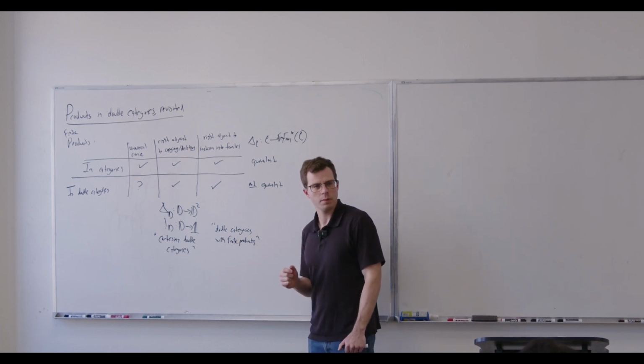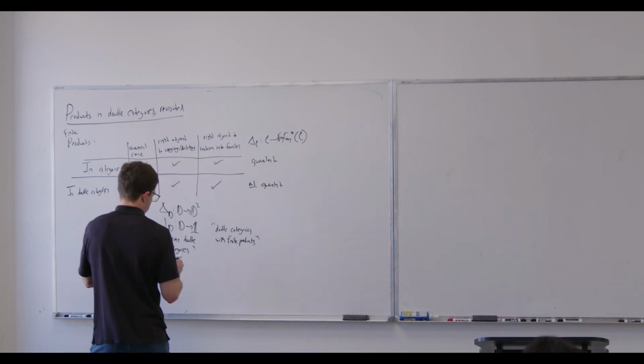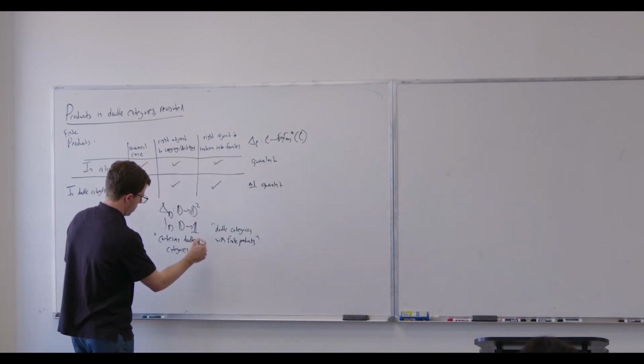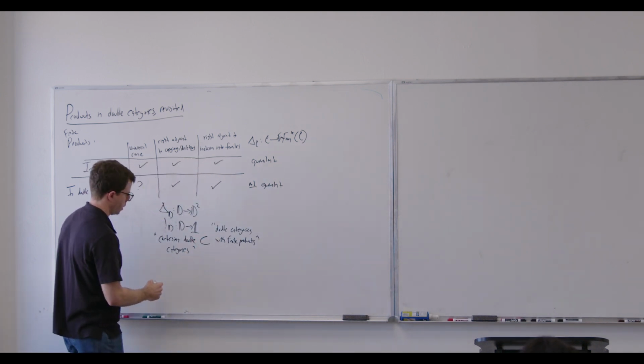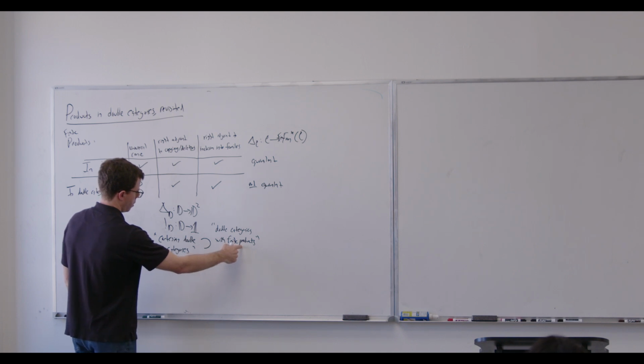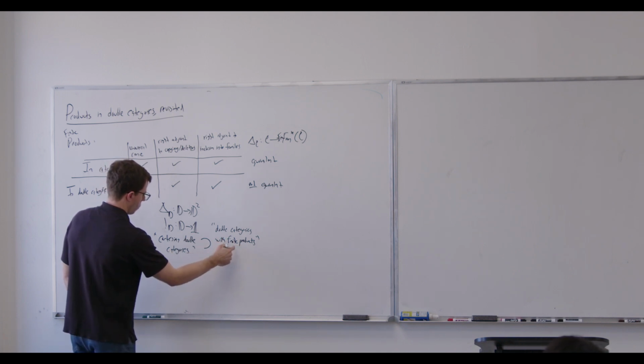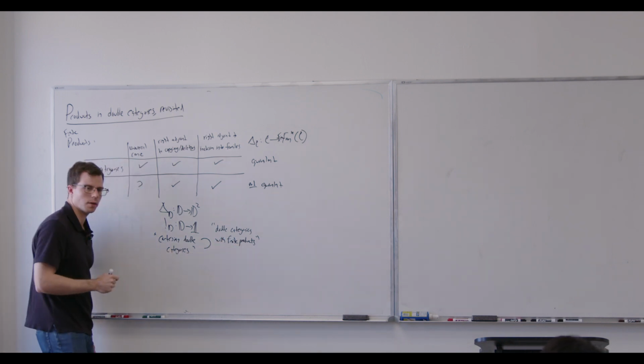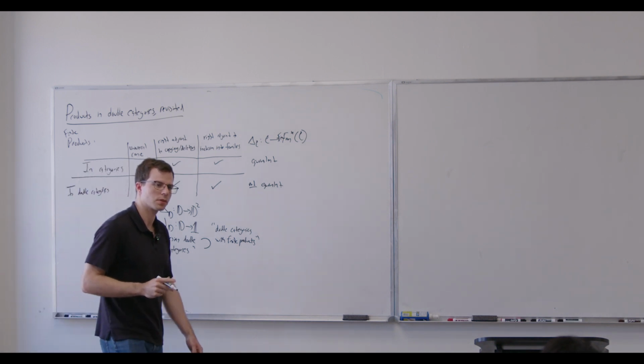And that's the sense maybe in which it's stronger. One of these will give you a Cartesian double category, but not vice versa.